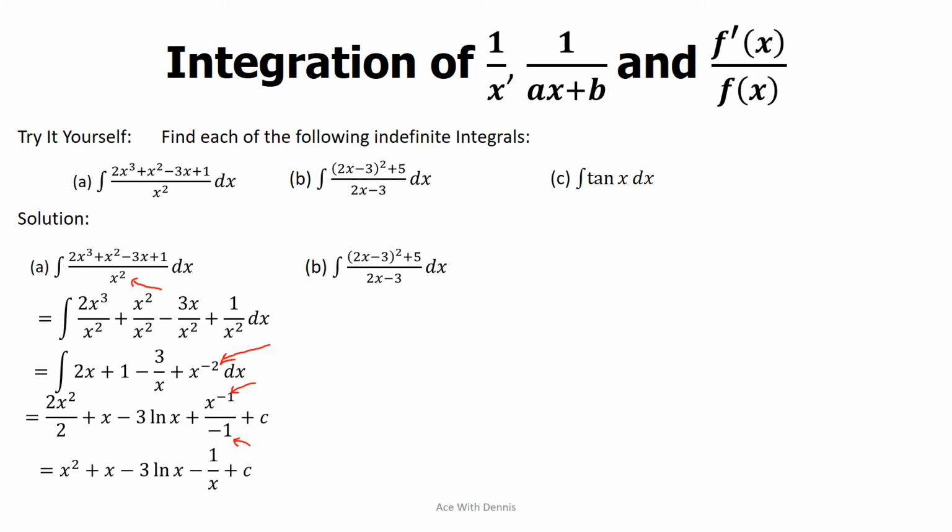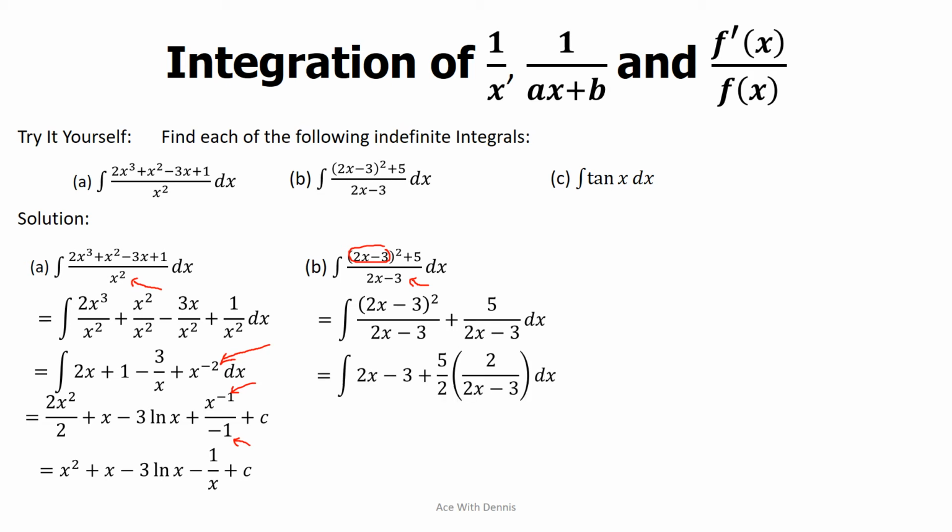For B, integration of 2x minus 3 squared plus 5 over 2x minus 3. Notice that in the numerator, there is a term 2x minus 3, and the denominator is also 2x minus 3. So you can break this fraction into 2, which becomes the integration of 2x minus 3 squared over 2x minus 3 plus 5 over 2x minus 3 dx. Simplified, it becomes 2x minus 3 for the first term.